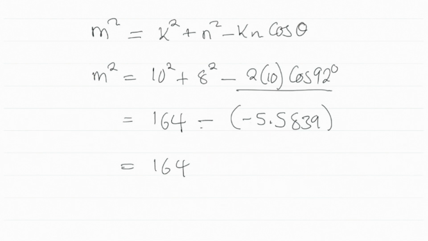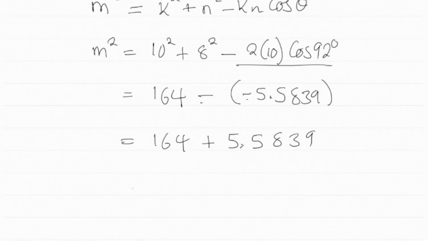Negative times negative gives plus, so 164 plus 5.5839, and when we add this, we have 169.5839. Mind you, we are looking for m squared.